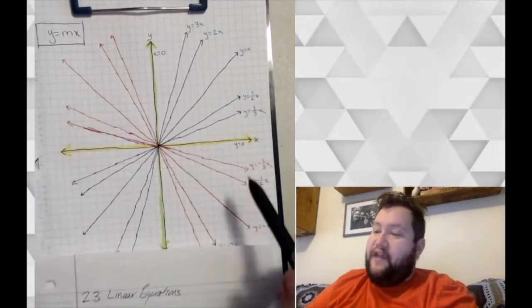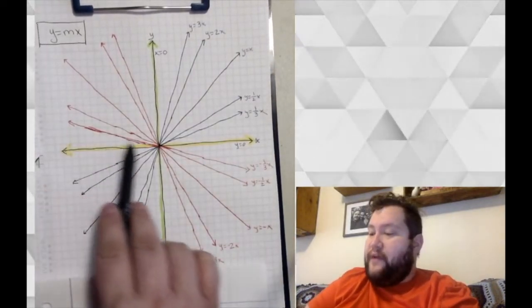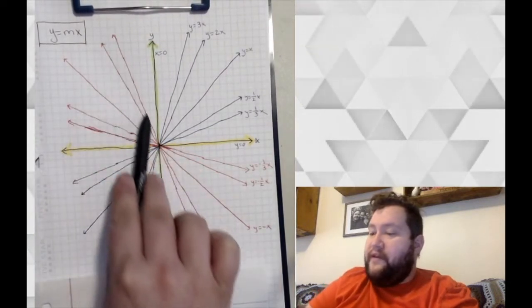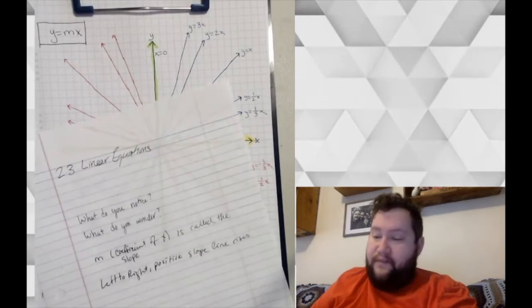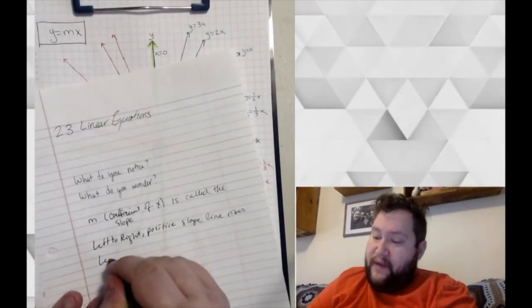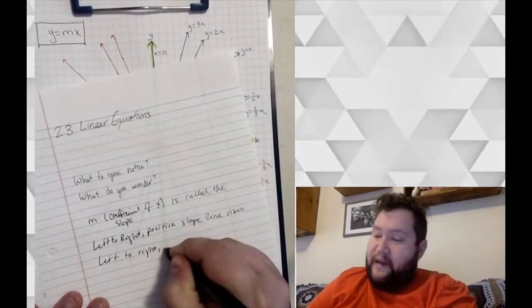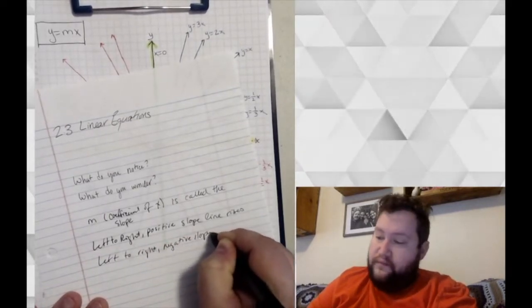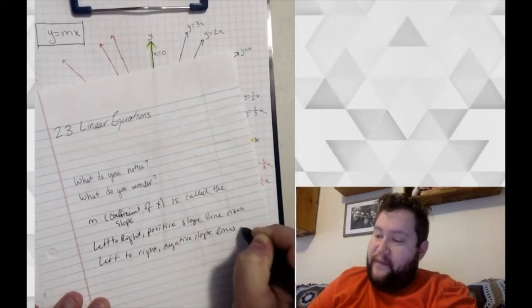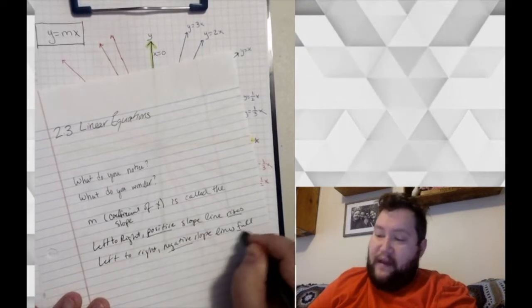And then if we contrast that here with our red ones, from left to right, no longer are they increasing, but they're decreasing. So we say they fall. So left to right, negative slope lines fall. So positive rise, negative fall.